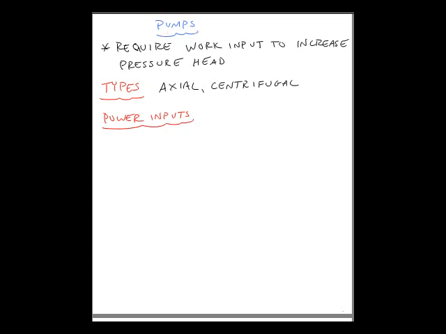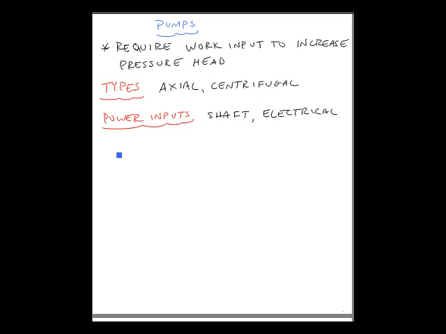We could have a shaft, a turbine turning my pump shaft, as we saw in the power plant, or it could have an electric motor. So those are all what turns the shaft, which creates my axial pump or my centrifugal pump.